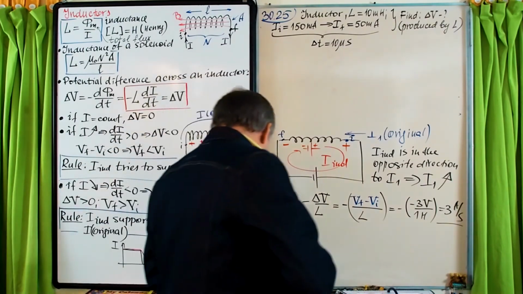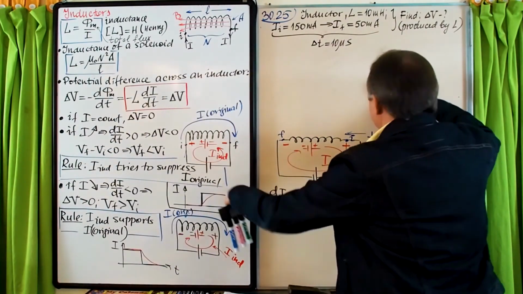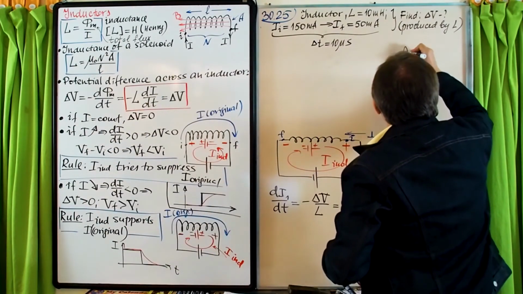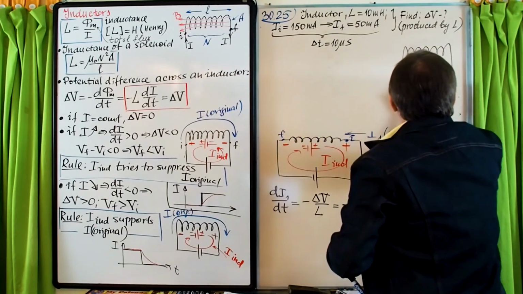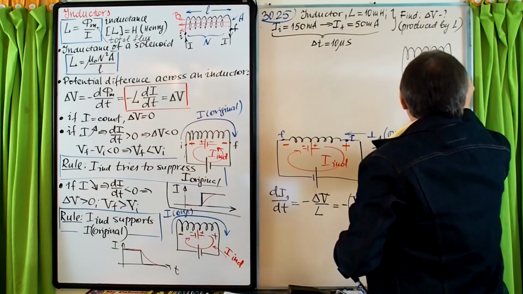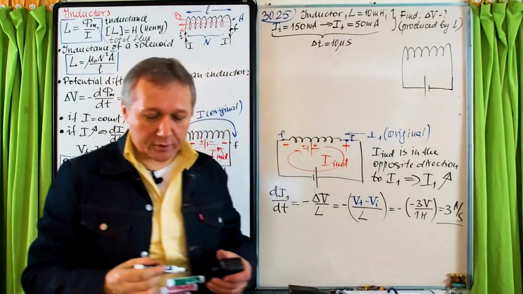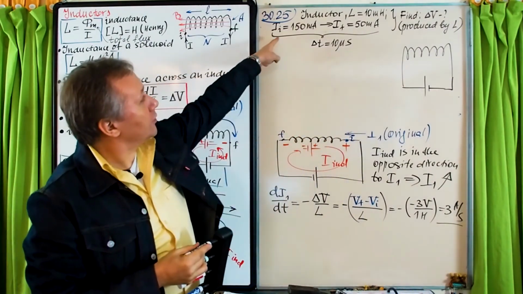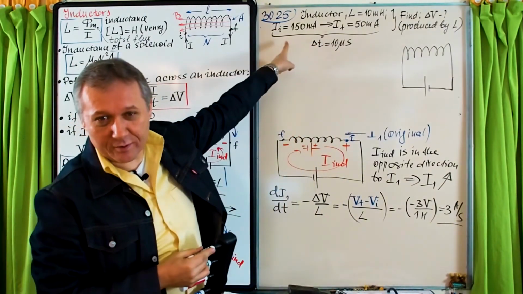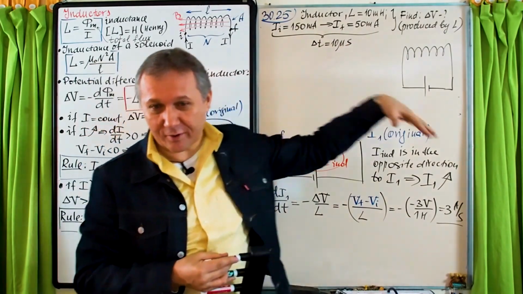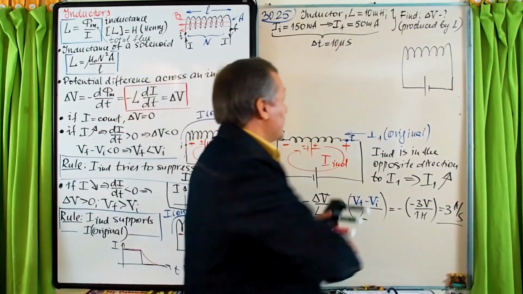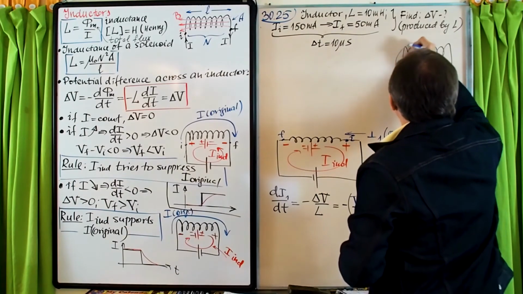So I can probably draw the picture like this. So let's say that's the battery which produced this original current, which, it looks like it's dying, right? You see 150 and then 50, so the original current is going down. So that's the original current.